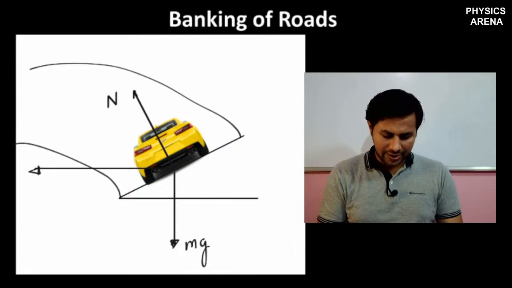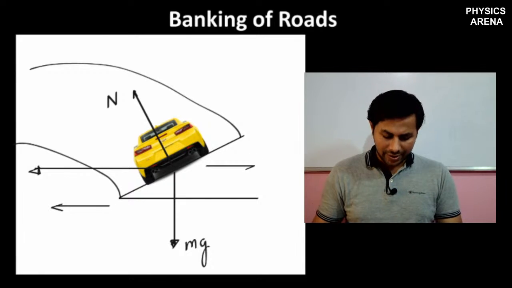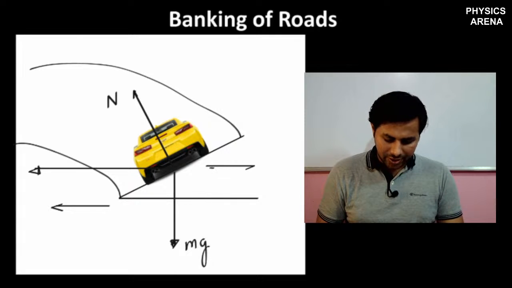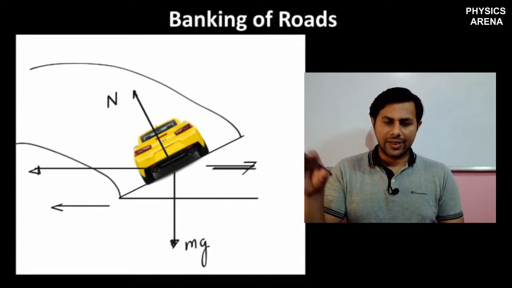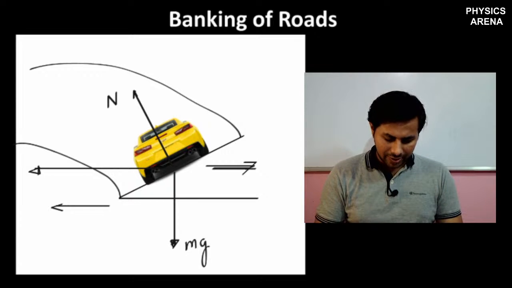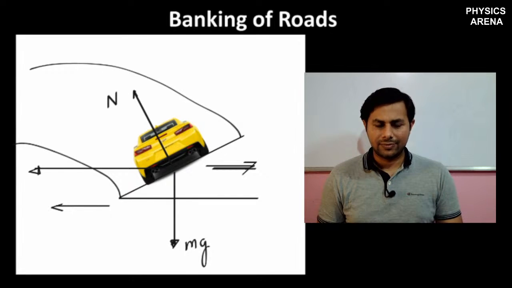If center is directed like this, the vehicle will tend to skid away from the center. So it will tend to skid like this in this direction. If it skids in this direction, what will happen? It will skid up the incline, not down the incline.